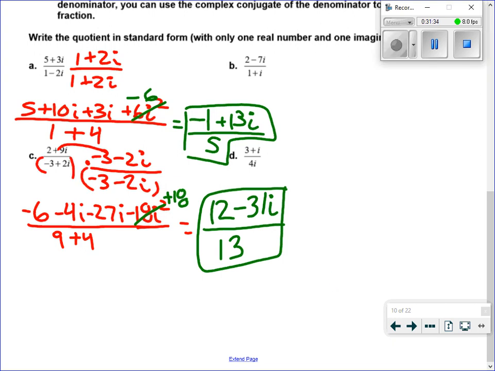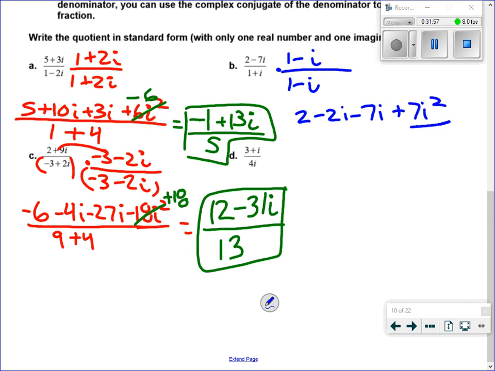All right, so in B, what were you multiplying your numerator and denominator by? 1 minus i. Good. 1 minus i over 1 minus i. So going through really quickly, you should have 2 minus 2i minus 7i plus 7i squared all over 2. So in the end, what is your numerator going to become?